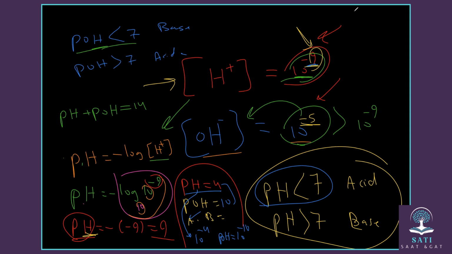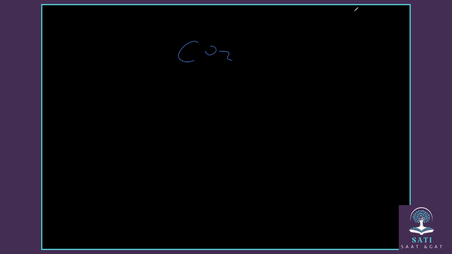Okay, last point, a minor point we need to understand: anhydrides. For example, CO2. What do I call this one? I call it a non-metal oxide, because carbon is not a metal.